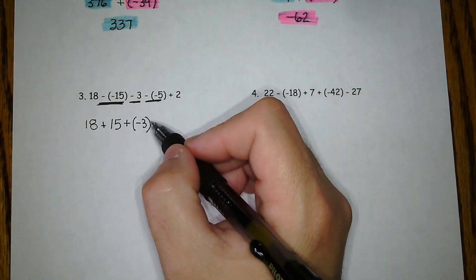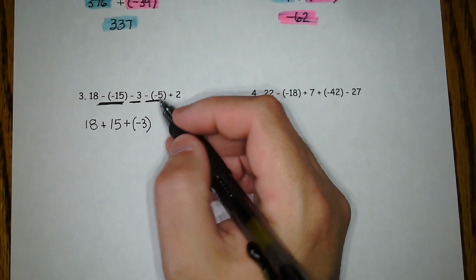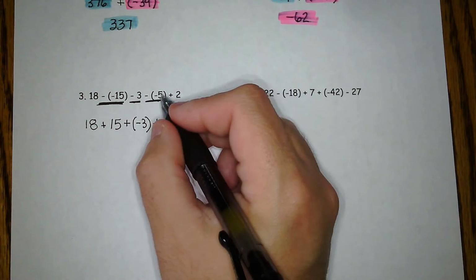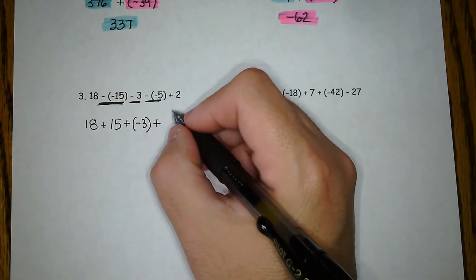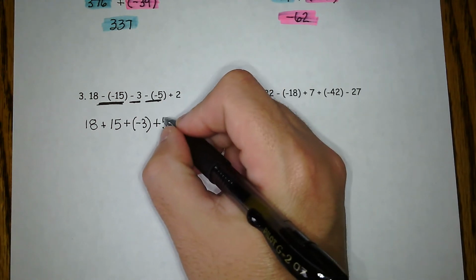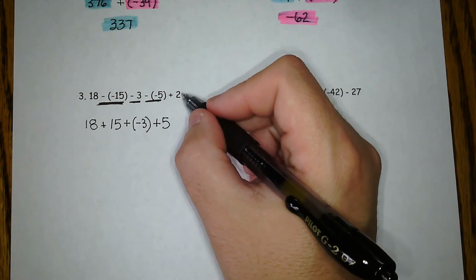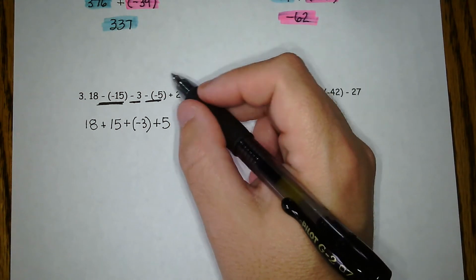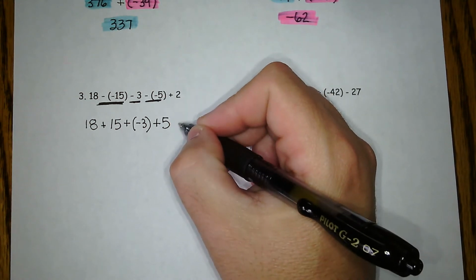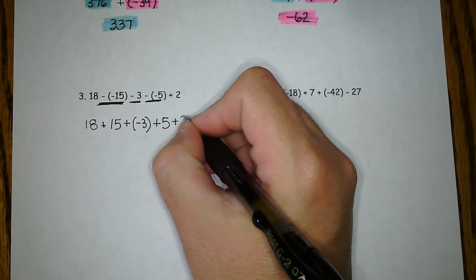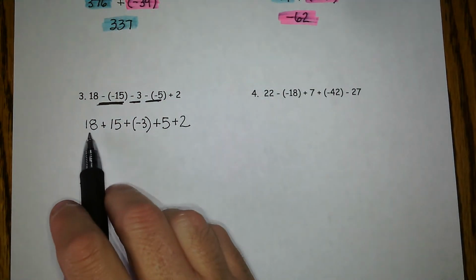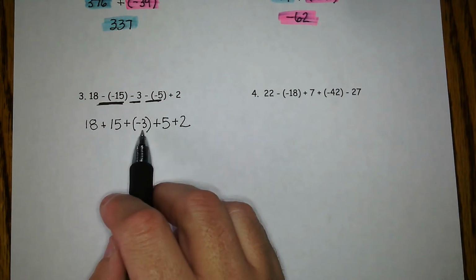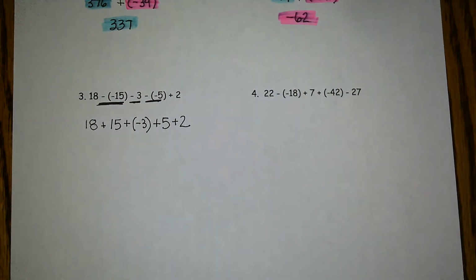Then I'm going to keep my negative 3. I'm going to change that minus to a positive. And I'm going to change that negative 5 to a positive 5. Remember, I don't have to keep, change with addition, so I'm just going to bring that 2 down. Now I have 18 plus 15 plus negative 3 plus 5 plus 2.